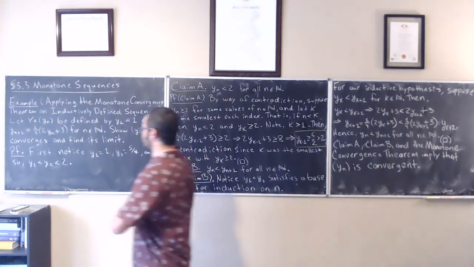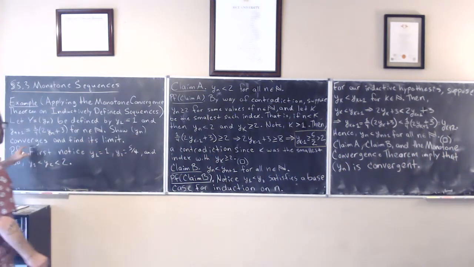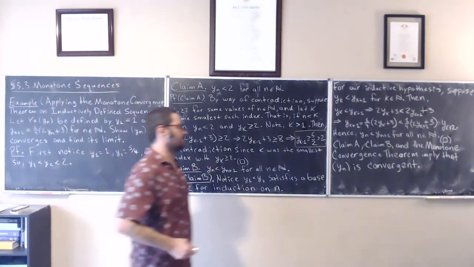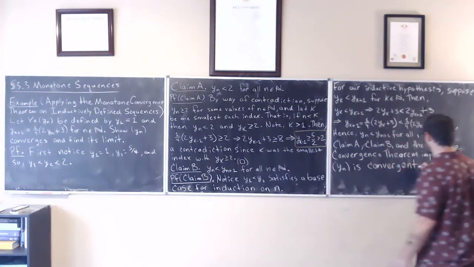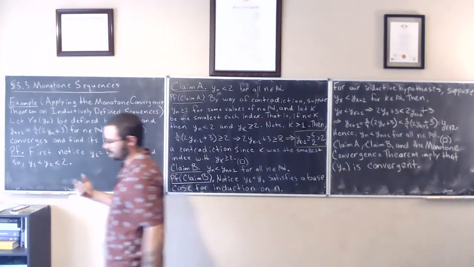So this takes care of one part of what we were asked to do. We were asked to show that the sequence converges and then find its limit, and it is convergent by the monotone convergence theorem. We just had to establish first that it was bounded and monotone increasing.